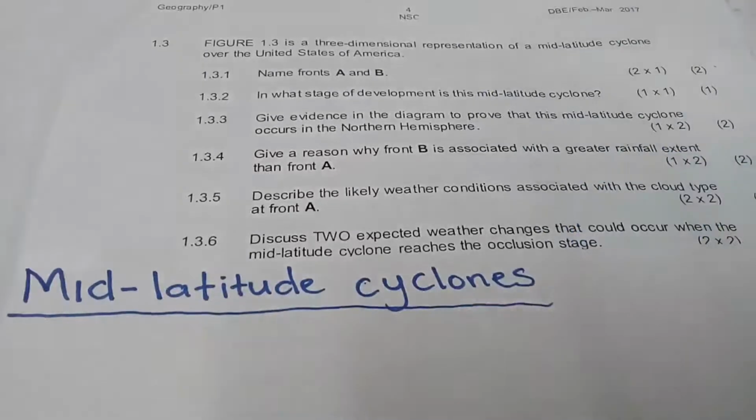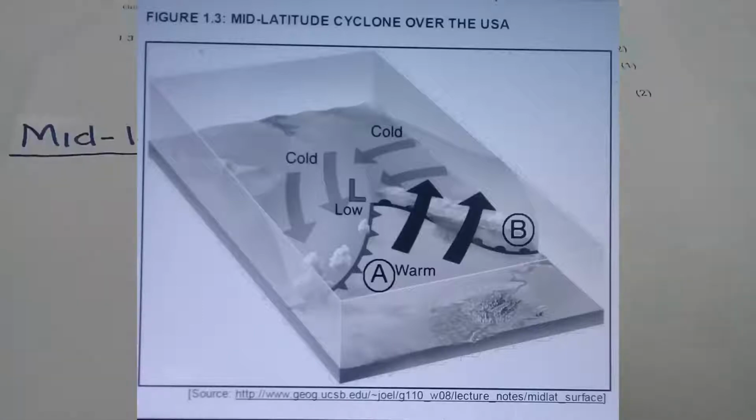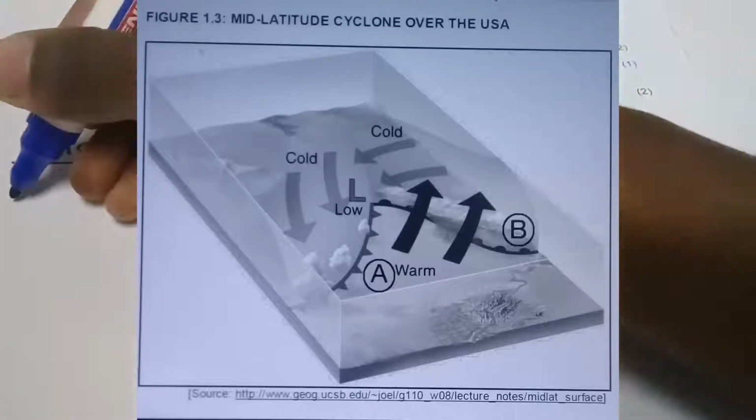The very first question says name front A and B. Looking at our lecture, we can see it in our lecture. That is a mid-latitude cyclone, right? Yes, it's given. That's a mid-latitude cyclone.